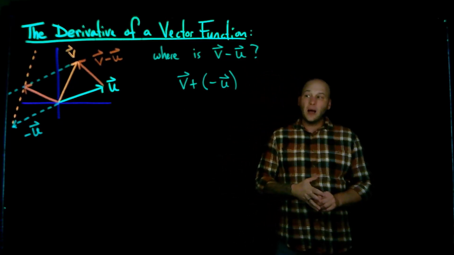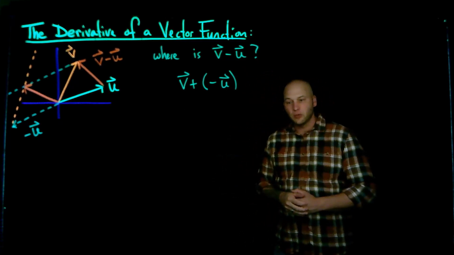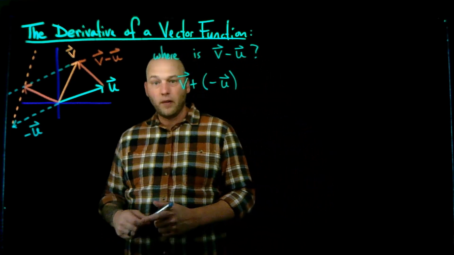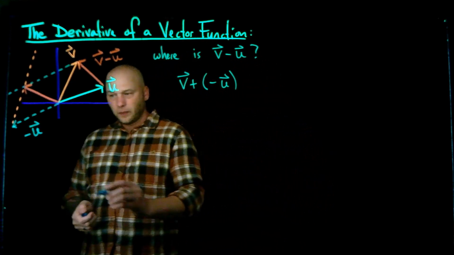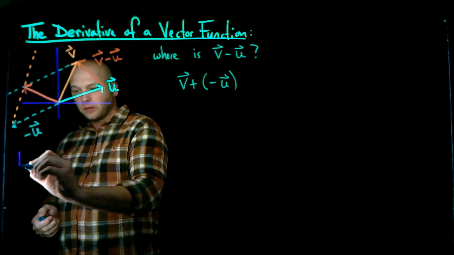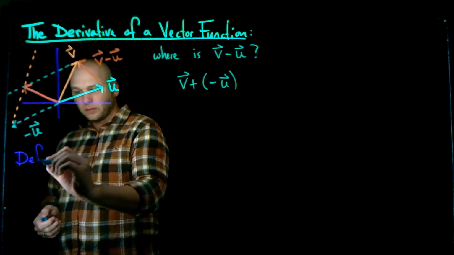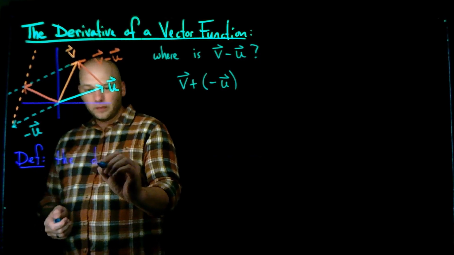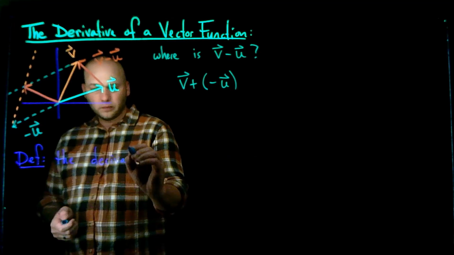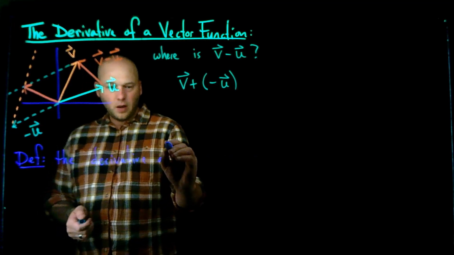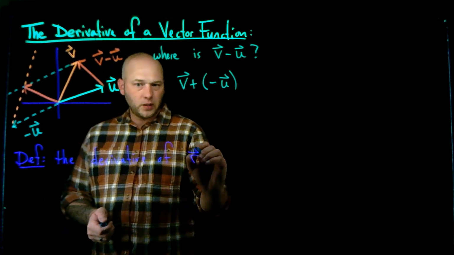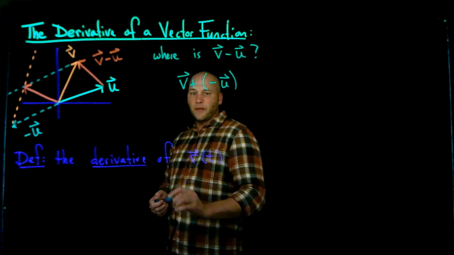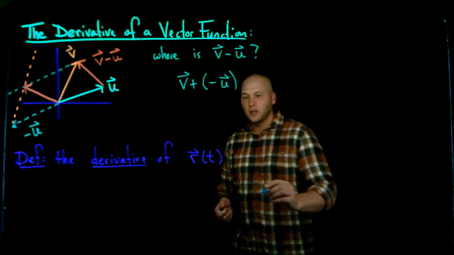Okay, so now let's take a look at how this is really going to illustrate the geometry of the derivative of a vector function. So, definition. The derivative of a vector valued function r of t is given by the following.